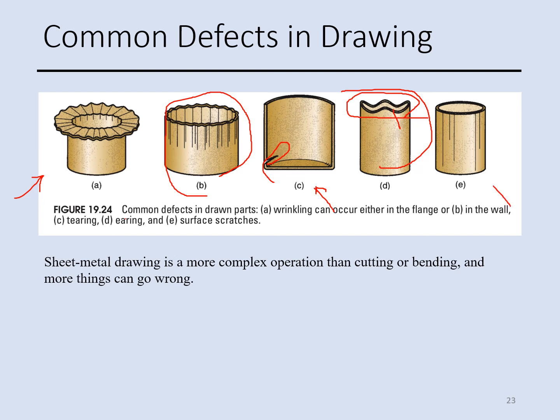The next defect is surface scratches. Surface scratches may happen on the drawn part if the punch or die are not smooth, or if we don't have enough lubrication between the die and punch.